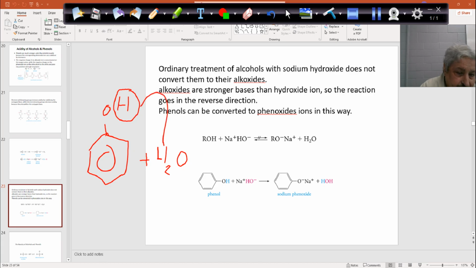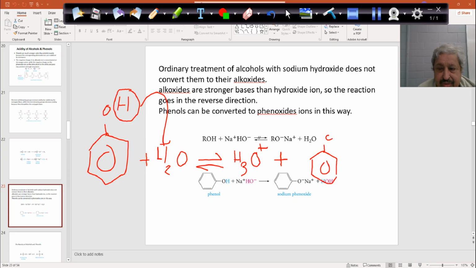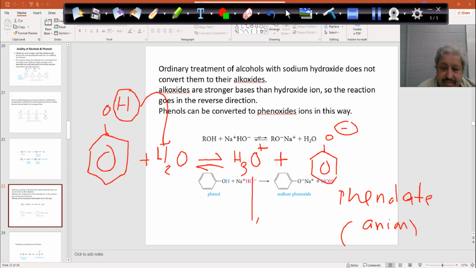So it will give the proton to H2O, and this is double arrows, an equilibrium. Hydronium ion will be produced. It's a weak acid, and the phenolate, O with a negative charge. So this is called phenolate. Phenolate is an anion, and the cation is called hydronium ion.